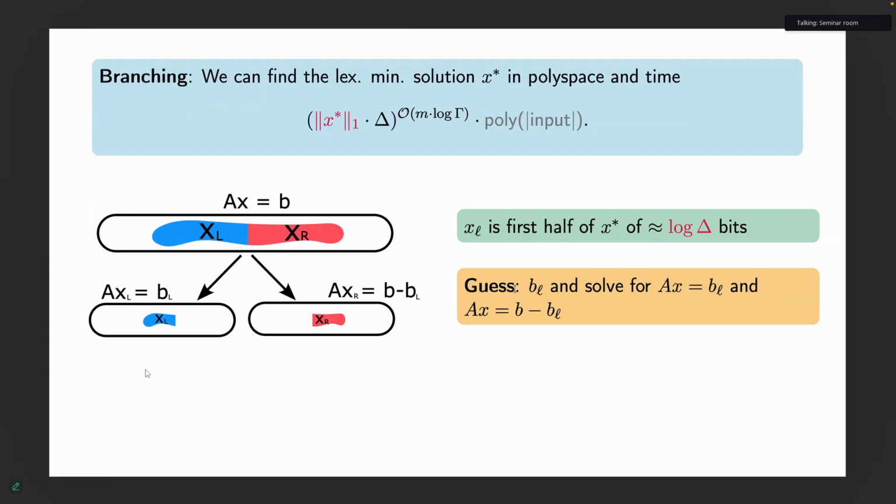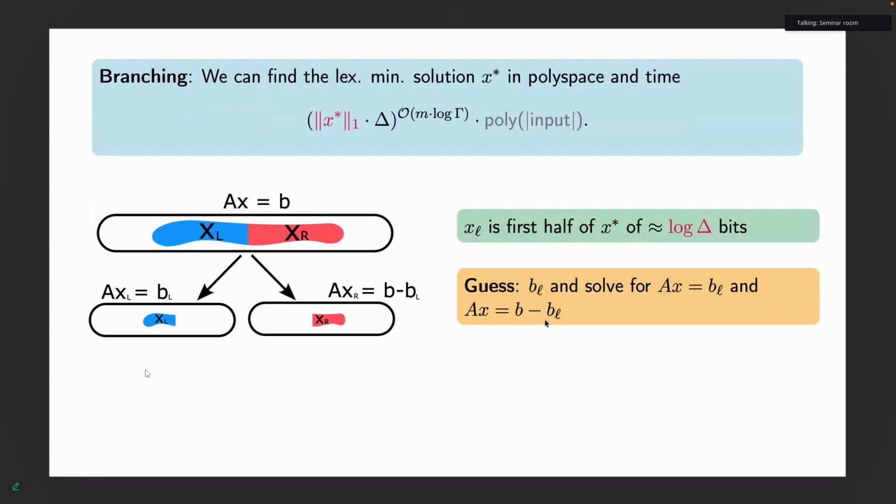Naively, the first idea would be to somehow guess XL. I'm not going to do that. I'm going to guess B, the right-hand side, which is much cheaper. So I'm going to guess the left side of the right-hand side and the right side of the right-hand side. This is B subscript L. I will solve AX equals BL, and then I will branch and solve AX equals B minus BL.